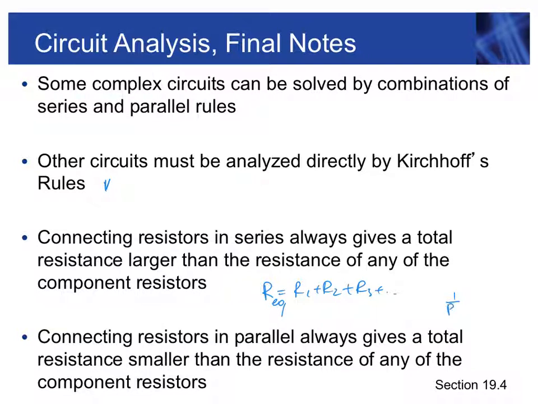Just play with it. 1 over R equivalent is equal to 1 over R1 plus 1 over R2. Let's say R1 is equal to R2 is equal to 2 ohms. What will we get then? 1 over R equivalent is equal to 1 over 2 plus 1 over 2, that is 1. So equivalent resistance is 1, definitely smaller than 2.